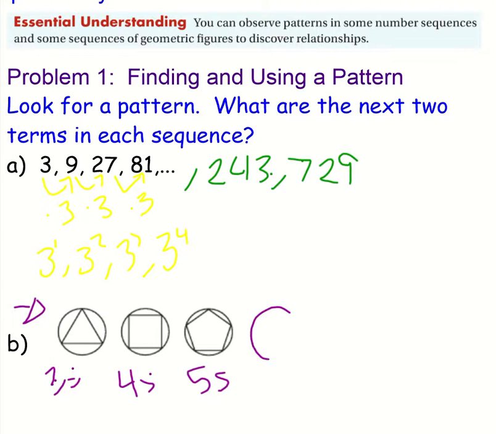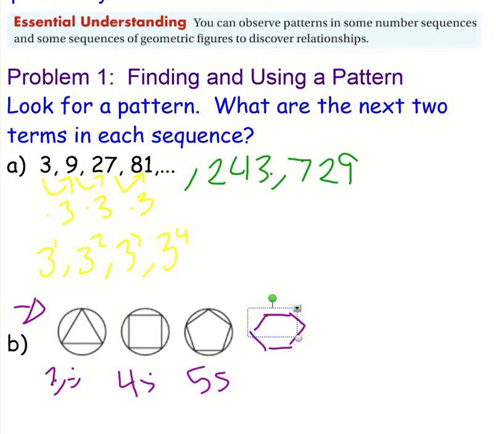We'll see if I can draw that nicely. If we have a hexagon, it's going to go like that. Nope. Drawing an octagon instead of a hexagon. Let's try that again. We're going to then get a hexagon. There we go.